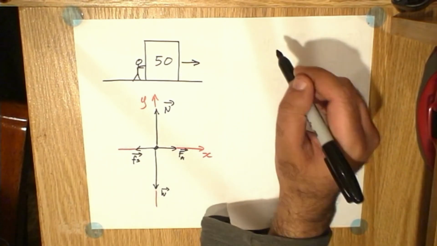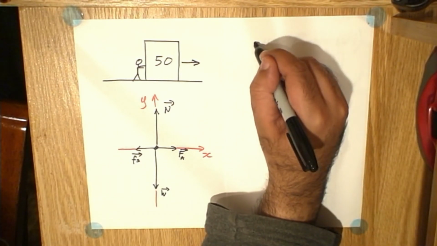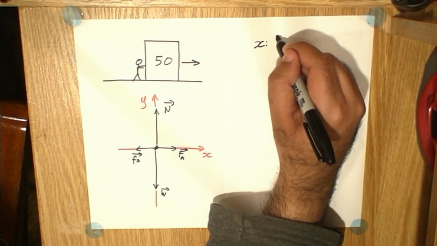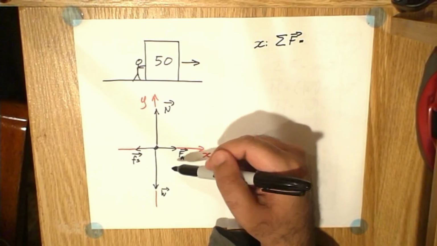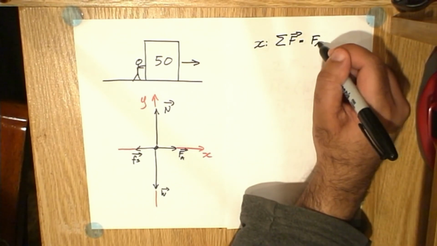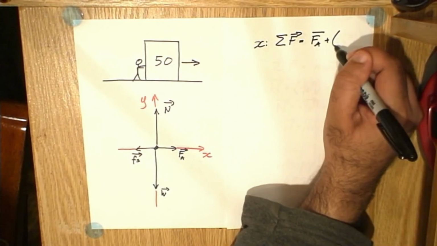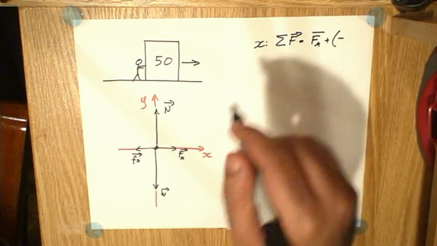Now let's take a look at the forces that are occurring in the x direction. The total force in the x direction is given by the applied force minus the force of static friction.